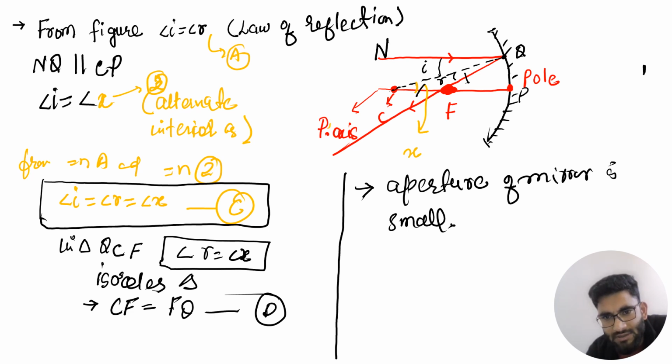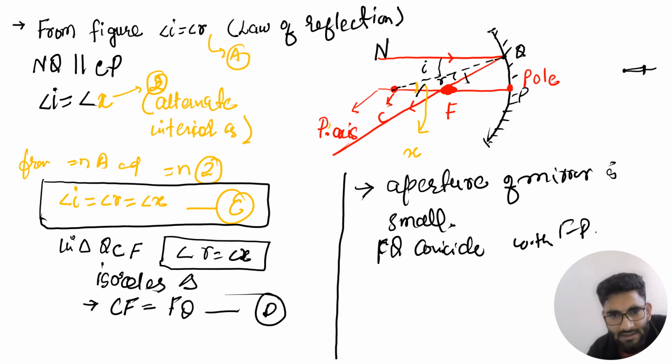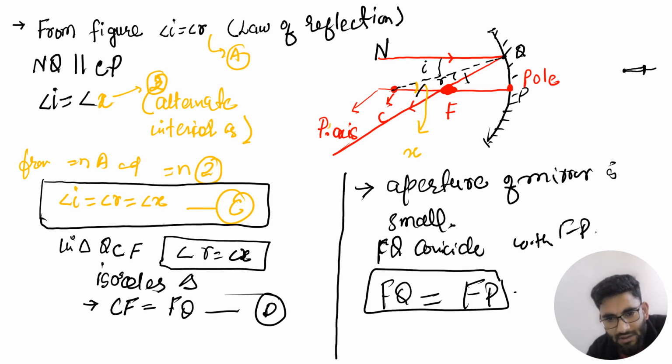This is the principal axis and this line. So FQ will coincide with FP. That means FQ will be equal to FP. This is the third condition, and I will write it as equation E.